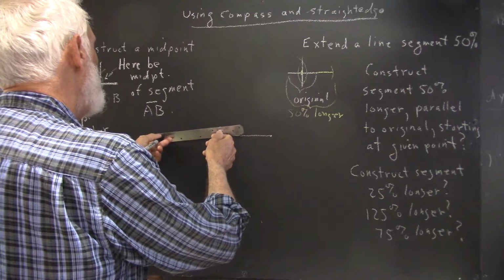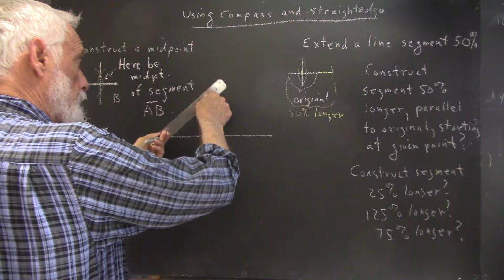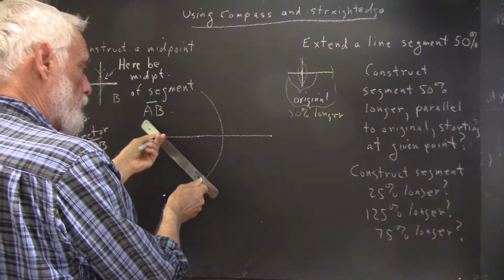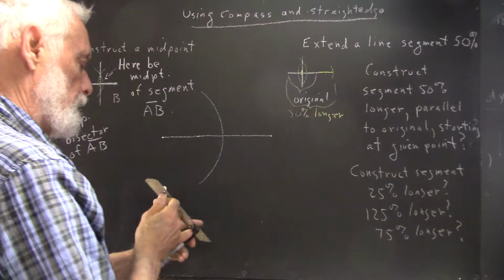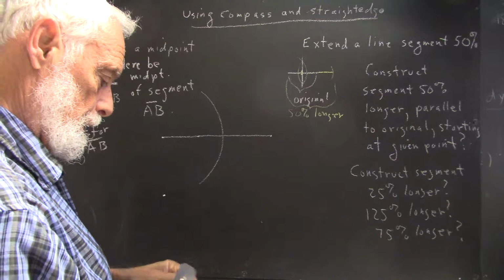So here we go. Now I'm going to put the point of the Sharpie on one end of the segment, and oh, that worked really well. That was actually very easy. Okay, I was hoping that would work.